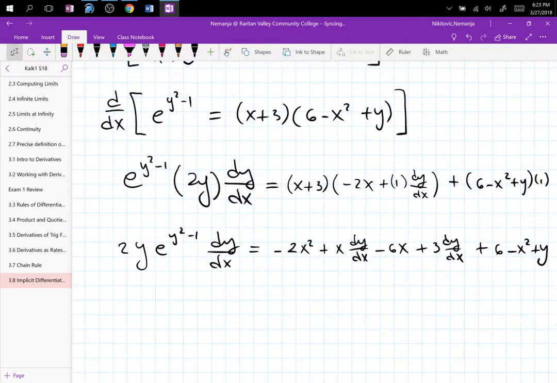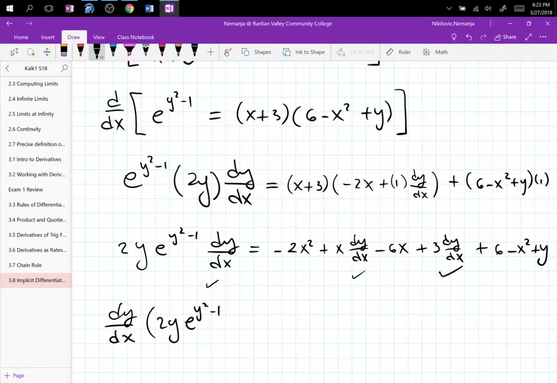All of the terms with dy dx go to the left and everything without stays on the right. So now we can deal with these three terms, factor out dy dx right away. We have 2y e to the y squared minus 1 and then minus x and minus 3. On the right hand side we have x squared, so that's a negative 3x squared minus 6x plus 6 plus y.